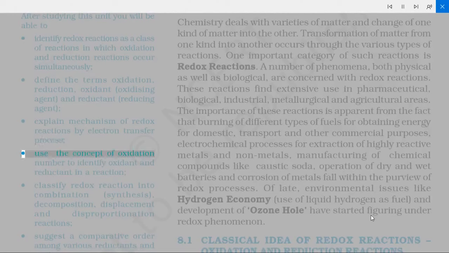Use the concept of oxidation number to identify oxidant and reductant in a reaction. Classify redox reaction into combination, decomposition, displacement and disproportionation reactions. Suggest a comparative order among various reductants and oxidants.